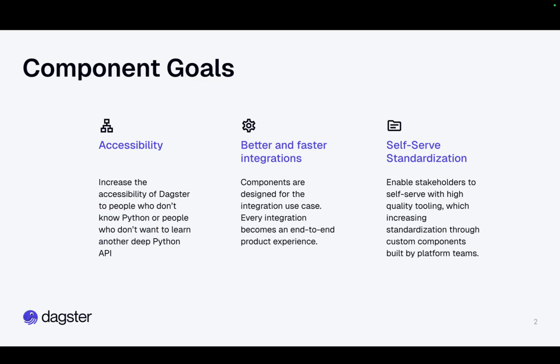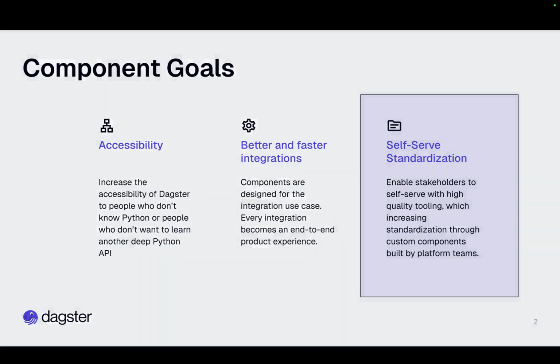And what this enables, we think, is two things which are very powerful and build on each other: the ability for your stakeholders to largely self-serve and onboard onto the platform, and do so in a standardized way. So they have uniform project layouts, they all abide by standards, and all those standards and conventions are baked into code and not documentation. And we think that is really powerful as well.